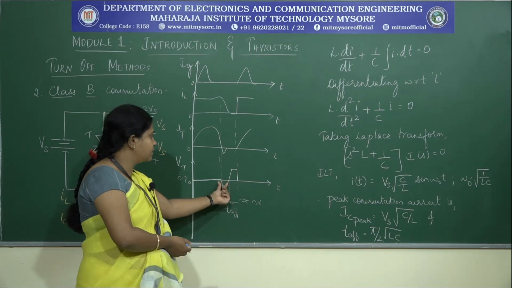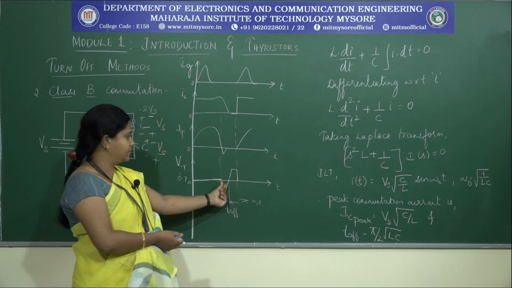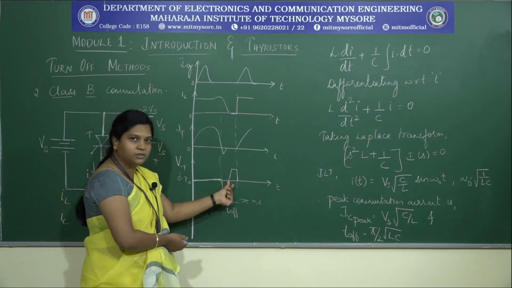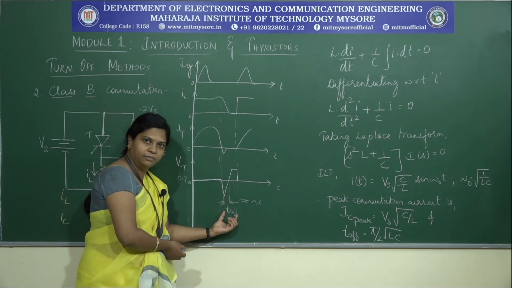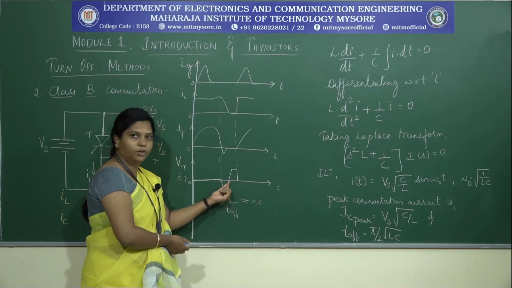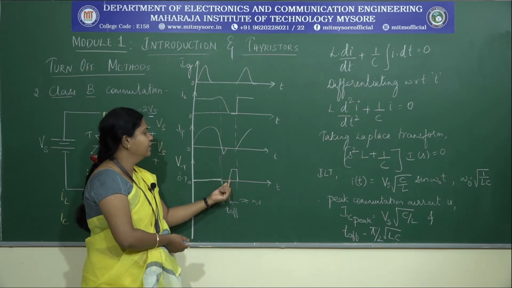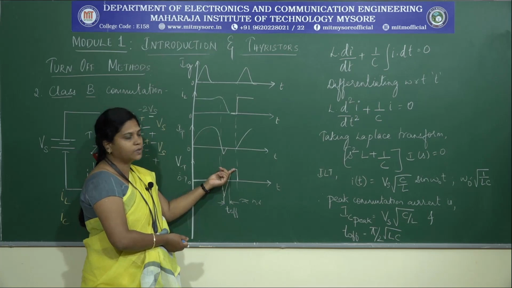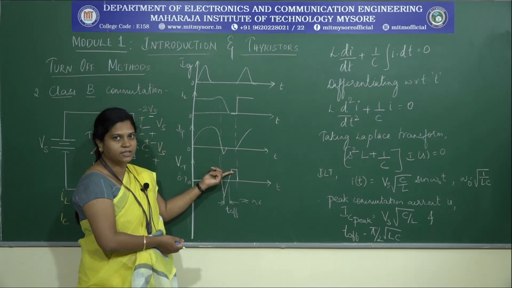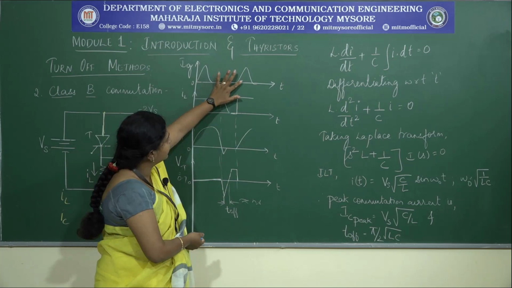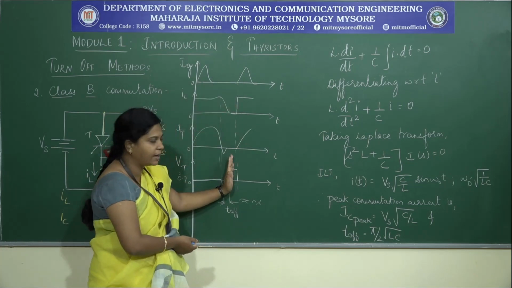So this is how it is going to go to the off state. Once it is at some instant of time till T off, it is going to go to the off state. Then whatever the input voltage was given will be displayed across the thyristor. Again, when the gate pulse is applied here, what is going to happen?